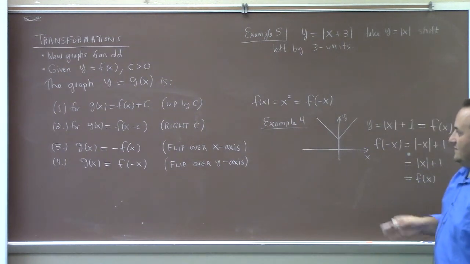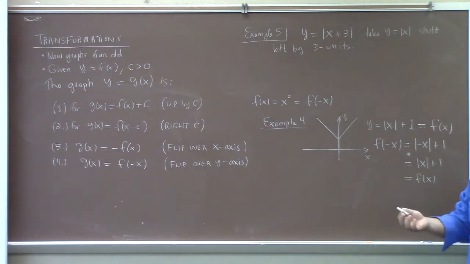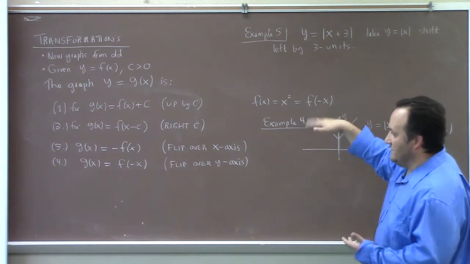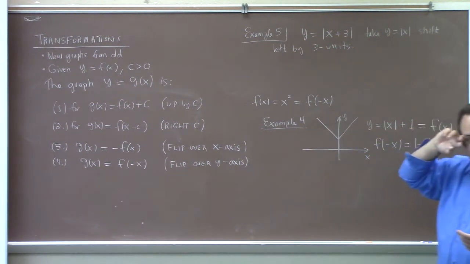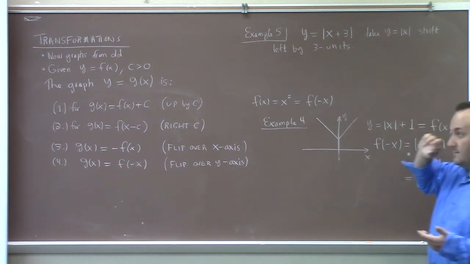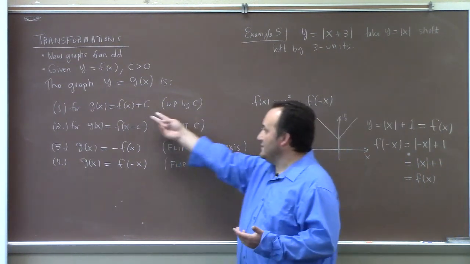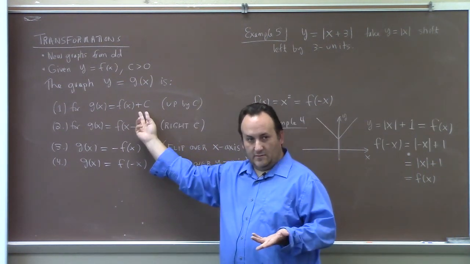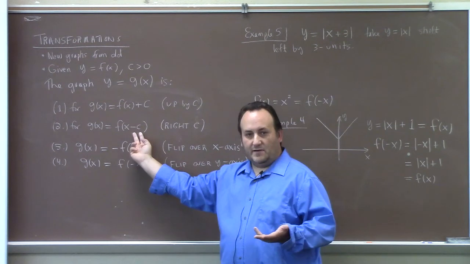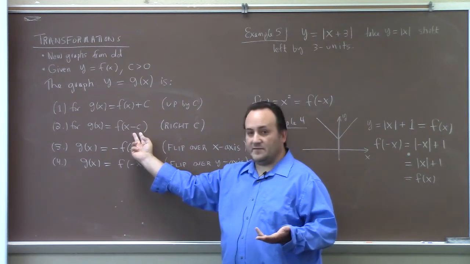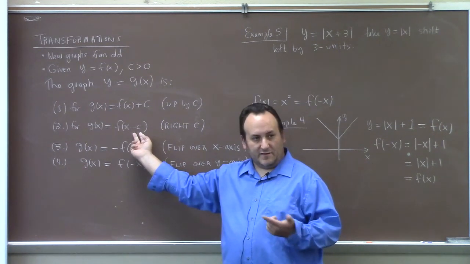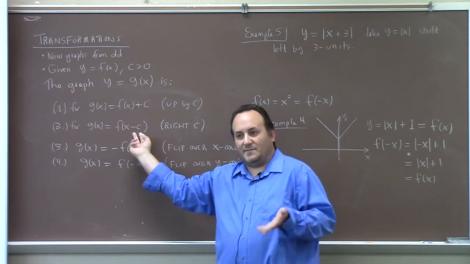So I guess now is as good a time as any to tell you how 1 and 2 modify if we let c be negative. The opposite, right? If c is negative, we shift down. And if c is negative here, we shift left. But of course, minus a minus is a plus, right? So x plus 3 is x minus minus 3.